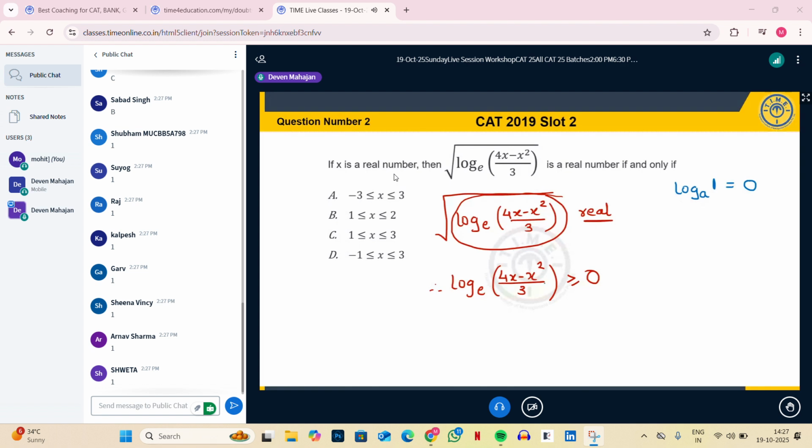So if you want the log result to be greater than or equal to 0, ये जो term है, this bracket में जो term है, has to be greater than or equal to 1. So now we can say 4x minus x square by 3 has to be greater than or equal to 1. Logarithm का result to become equal to 0, that term had to be 1. For logarithm result to be greater than or equal to 0, this term itself has to be greater than or equal to 1. And now solve this.